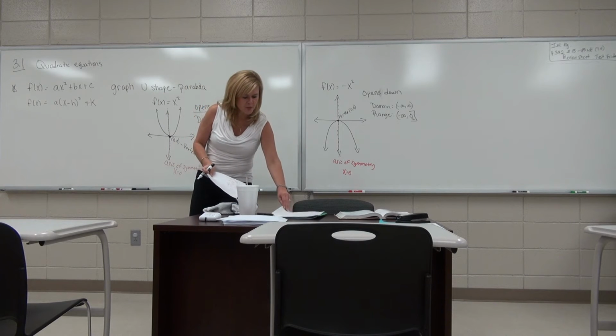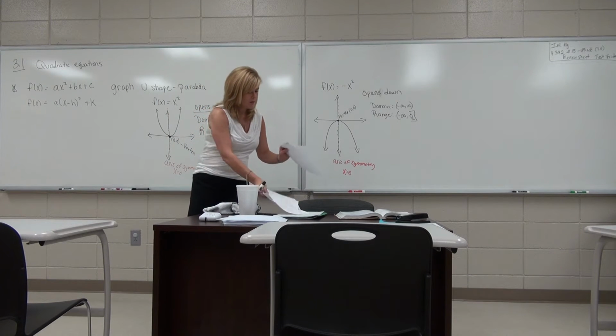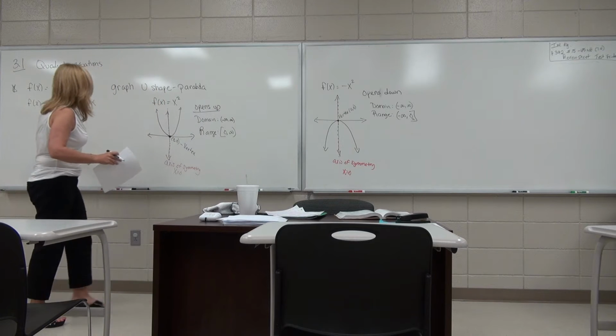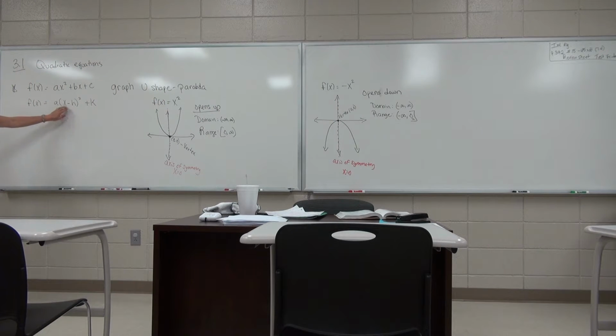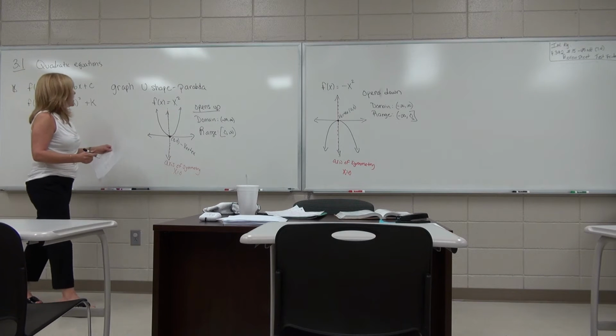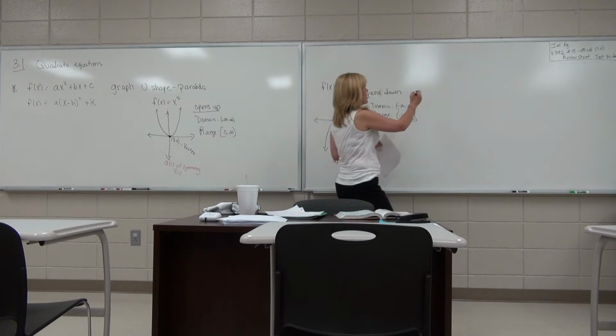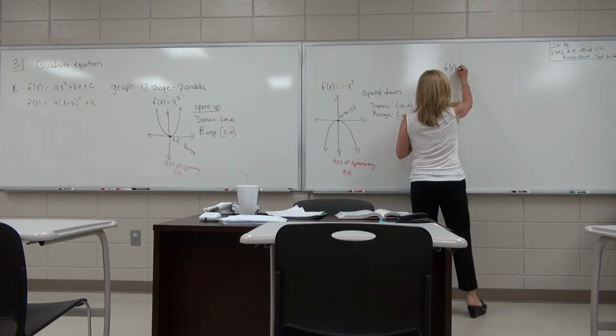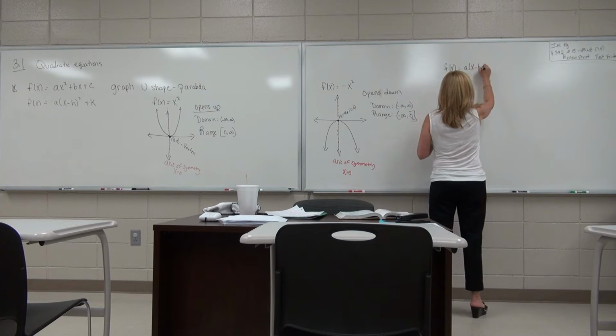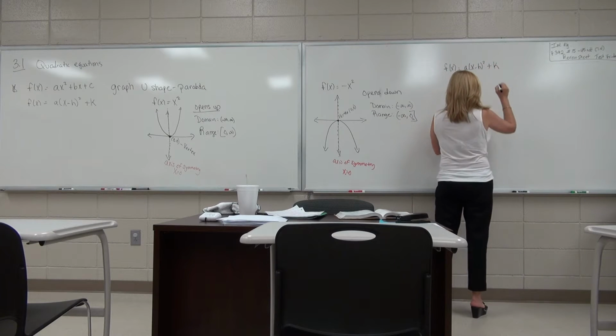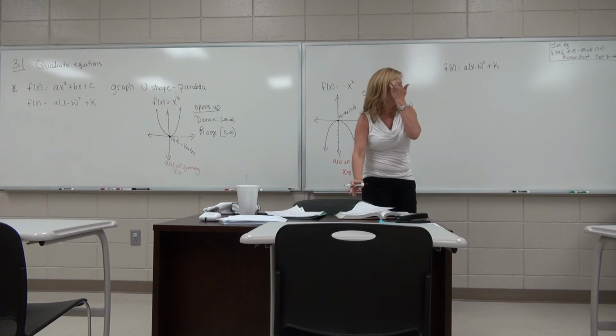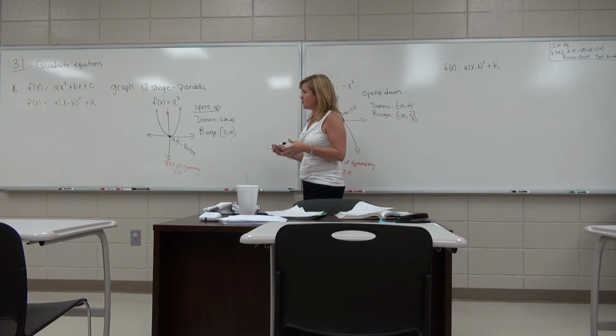Okay? First of all, we're going to knock this form out of the way since we kind of already know a little bit about how to use it. So let's look at this second form here. When your quadratic equation is written in this form, we're going to talk about some different properties.